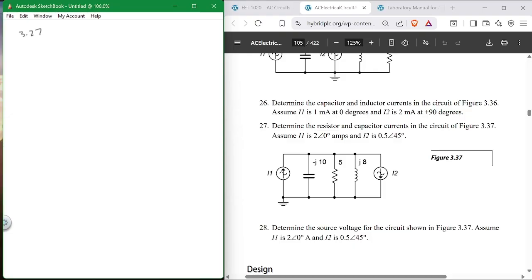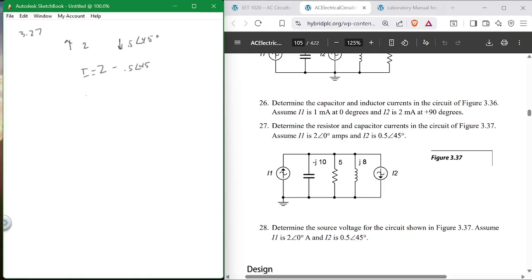So you've got one going up and one going down. One is at 2 going up. One is at 0.5 angle 45 going down. So you say 2 minus 0.5 at angle 45. That is my I, because one's going up, one's going down. Easy peasy. So what is I? You just write it in as that.